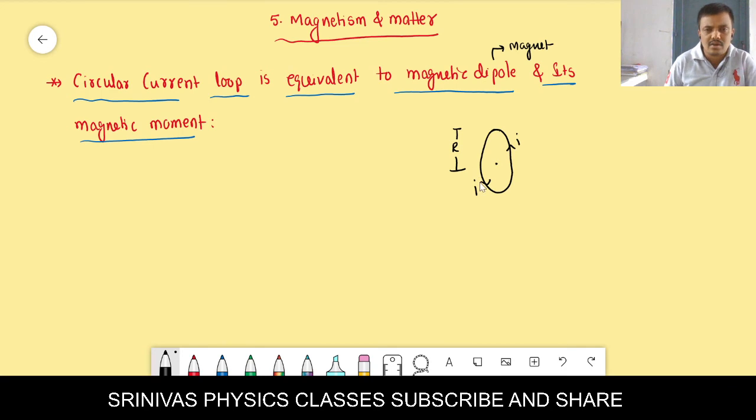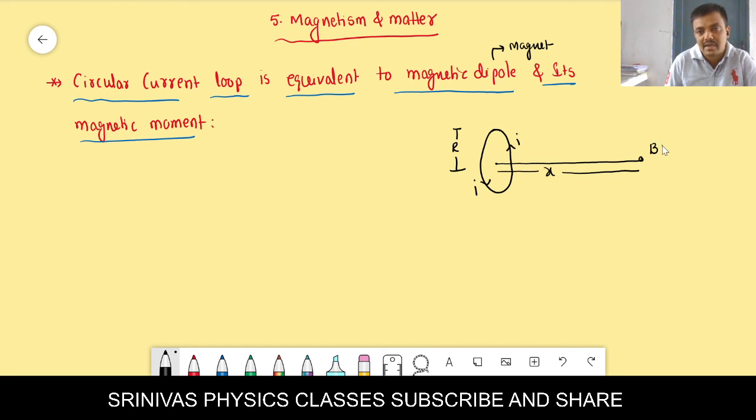Listen very carefully. This is a circular loop carrying some current. Then I have to show that this is exactly equal to a magnet. That I am going to explain. For that purpose, listen very carefully, right? And x is some distance, x is the distance on the axis of the circular loop or the coil.